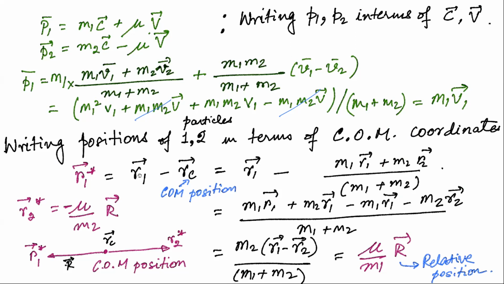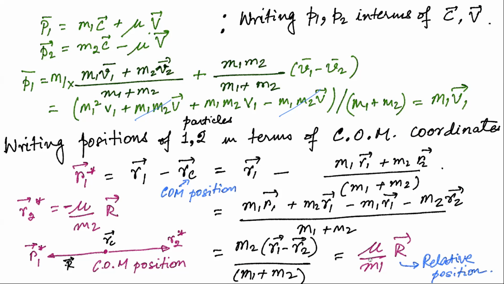So if you calculate the position of a particle with respect to the center of mass, which itself is moving with velocity C, then you can write R1 star, which is R1 minus R C, relative to the center of mass, as R1 minus the center of mass coordinate.